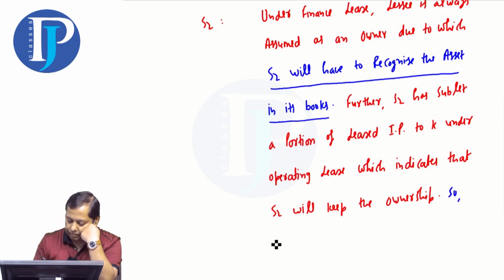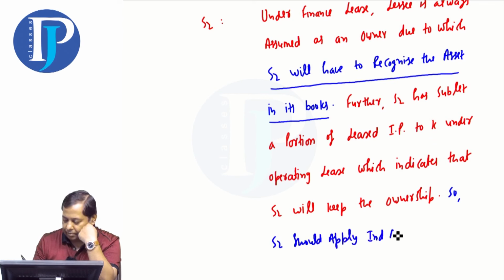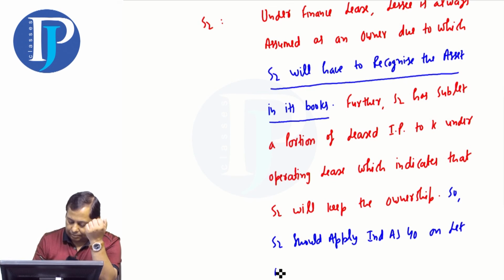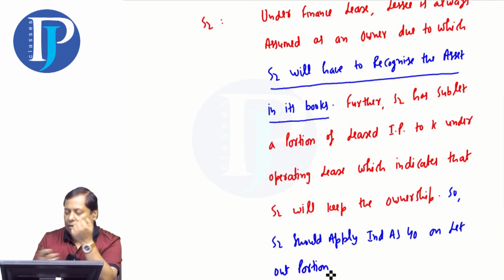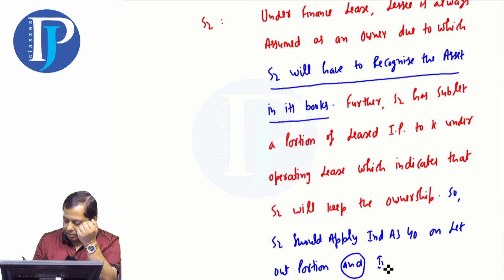So now S2 should apply Ind AS 40 on the let out portion and Ind AS 16 on the used portion.